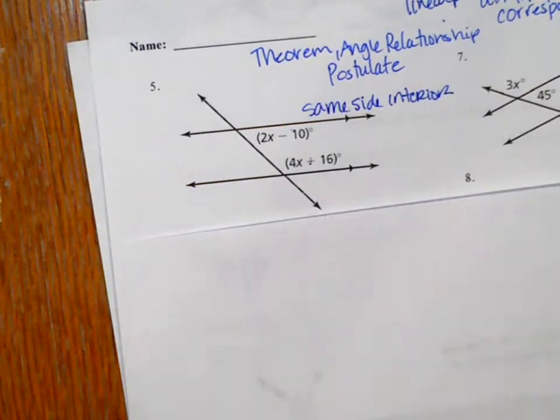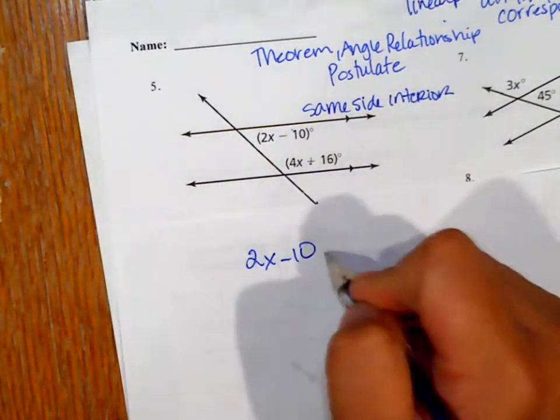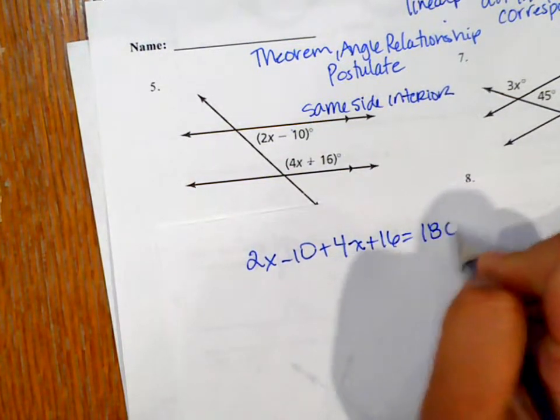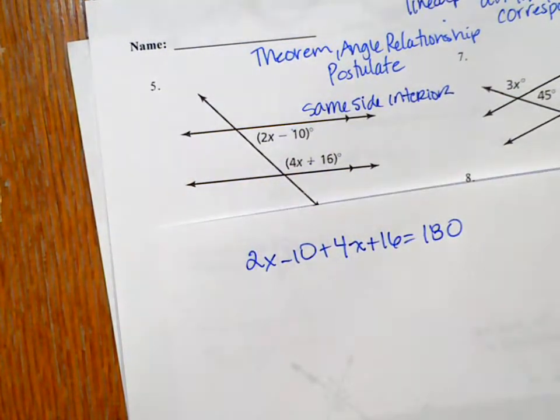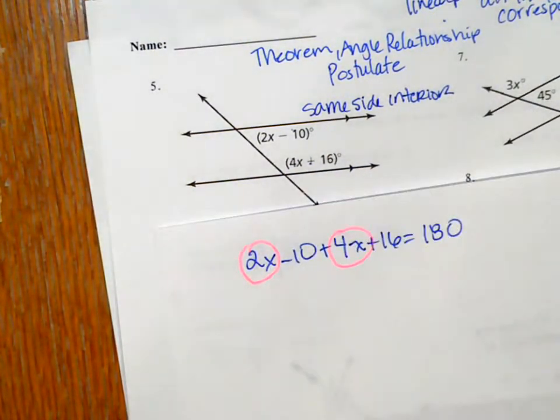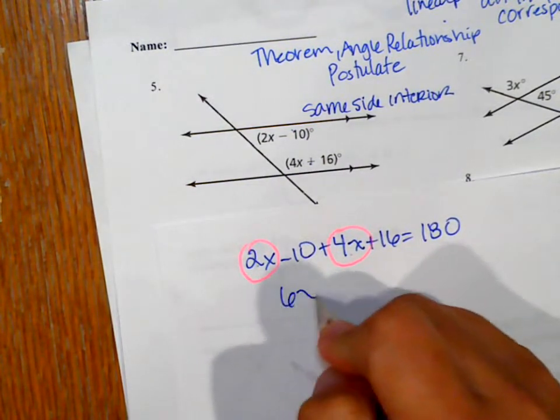So when it asks you to write your equation, your equation will look like this: 2x minus 10 plus 4x plus 16 equals 180. Remember we talked about this today, when you need to combine like terms on the same side. So this one and this one get combined: 4 plus 2, 6x.